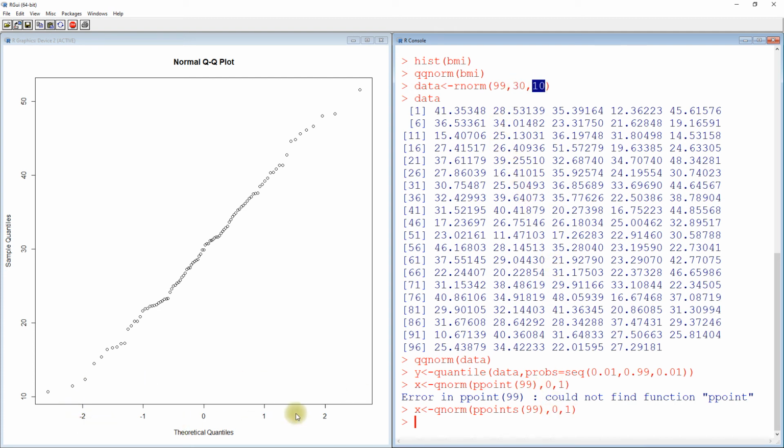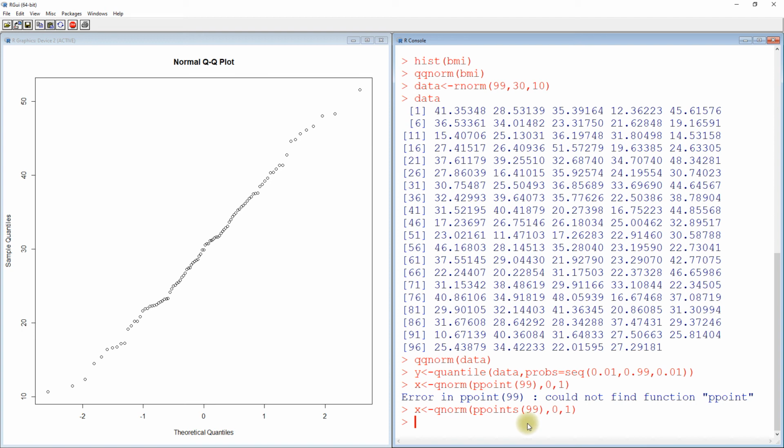Then you would see that the quantiles down there would be the same as the quantiles up there. But it doesn't matter. I just want to compare that data, which has been generated from a normal distribution with mean 30 and standard deviation 10, with that of a standard normal distribution, as it is from the qqnorm function.